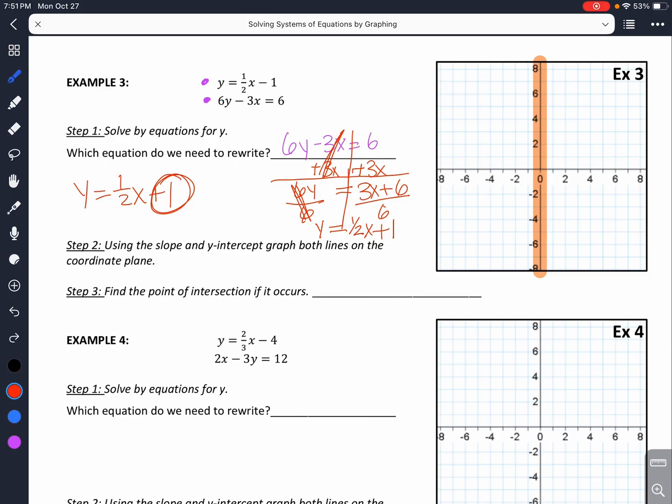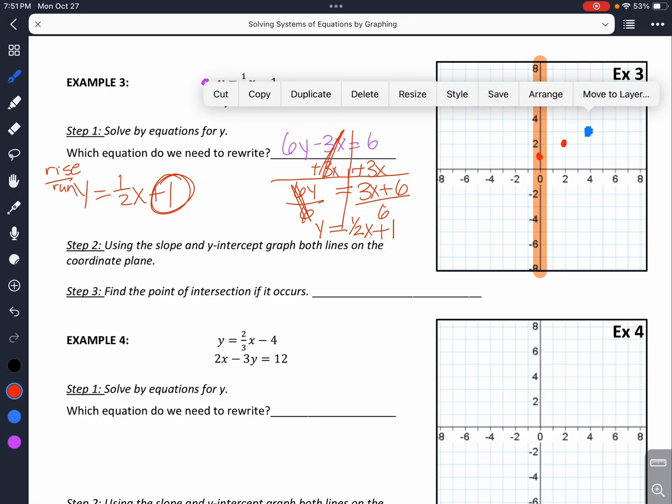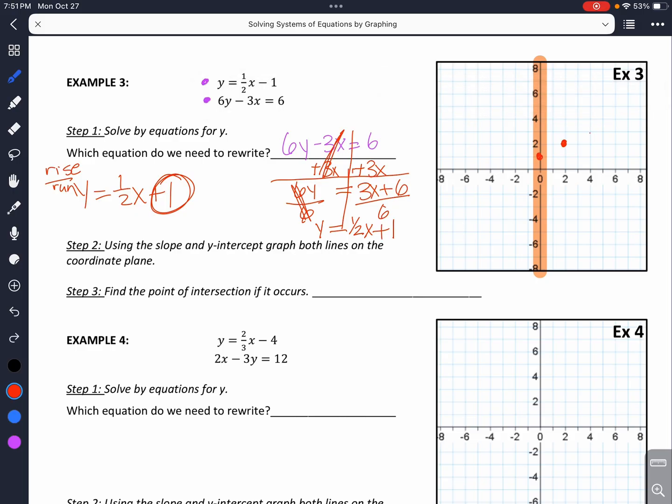So remember, for slope, we do rise over run. So we are going to rise up 1, and we're going to go over 2. And we're going to do that a couple of times. So up 1, to the right 2. Up 1, to the right 2.